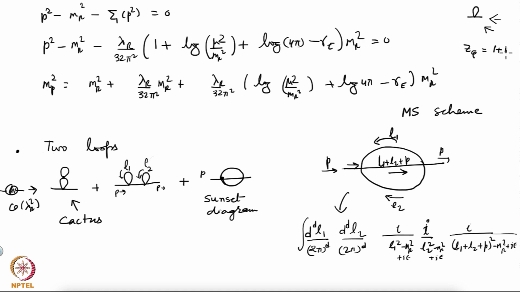So there will be some order lambda r square term coming from these kinds of diagrams.